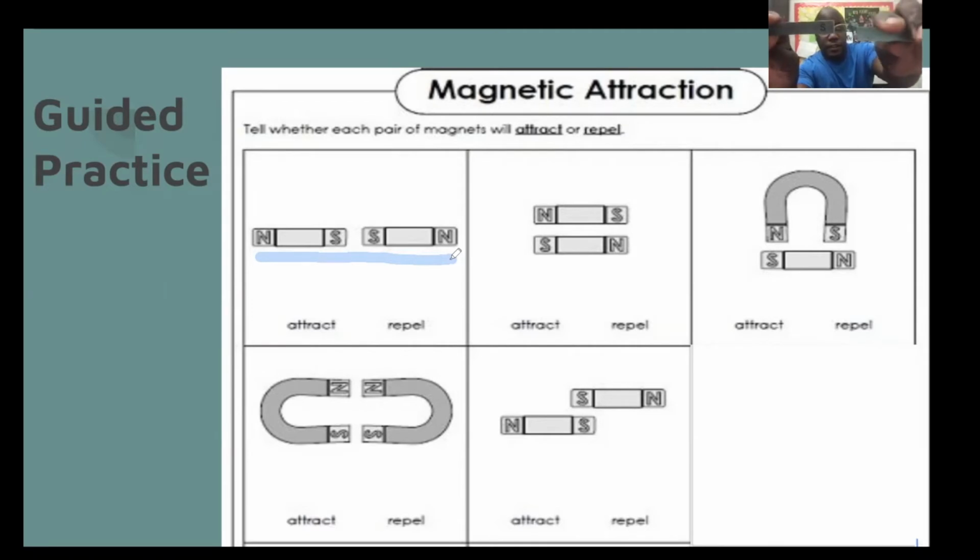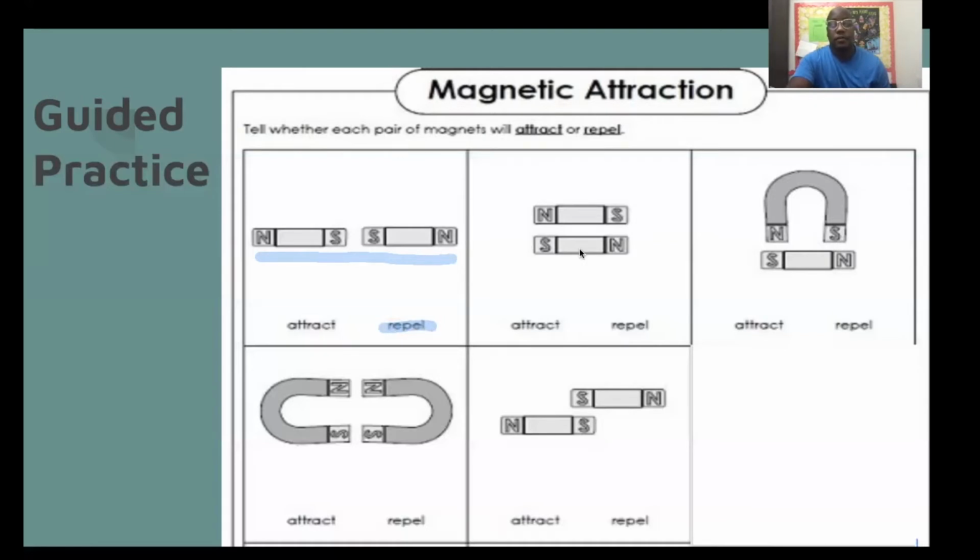Do we have any other ones? Any other students? What do we think? So repel, right. If I'm pushing together, they're pushing apart. They're not attracting, they're not coming together. So our answer here would be repel.